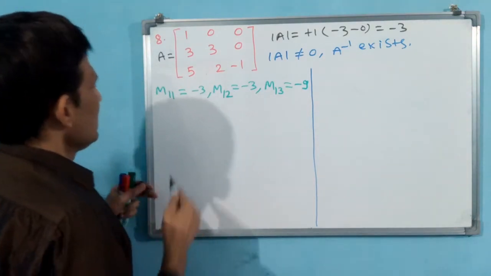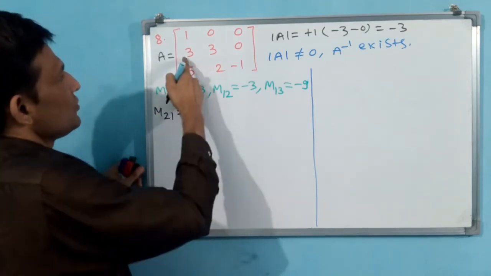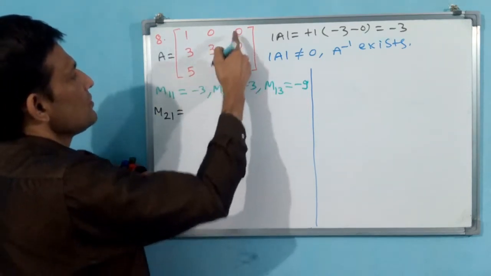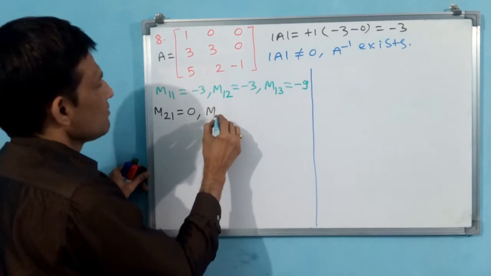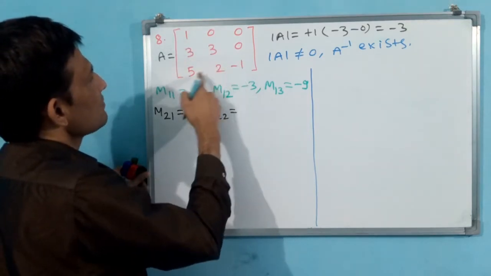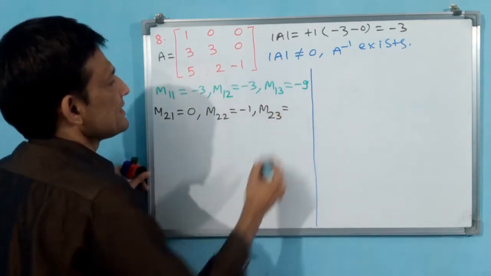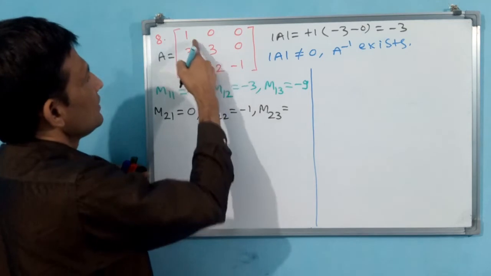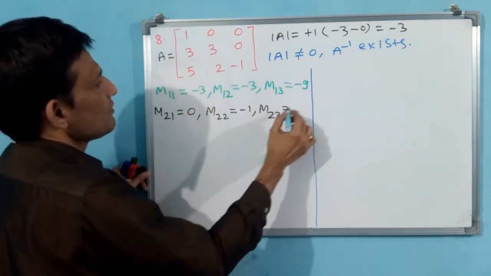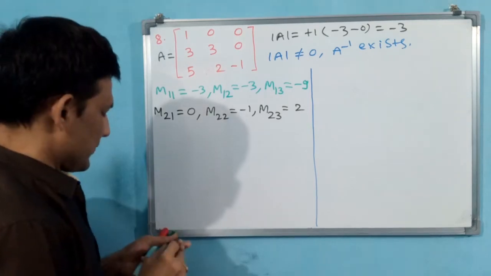Then go for M21, 0. M22, -1. M23, 2. Yes, 2.